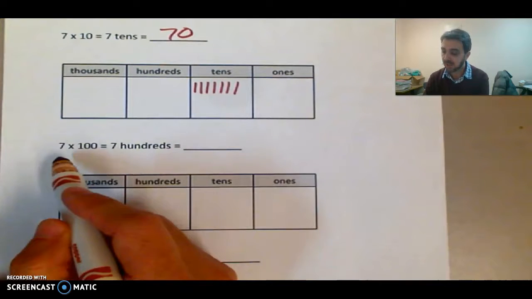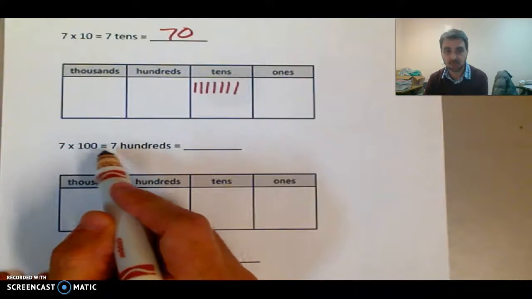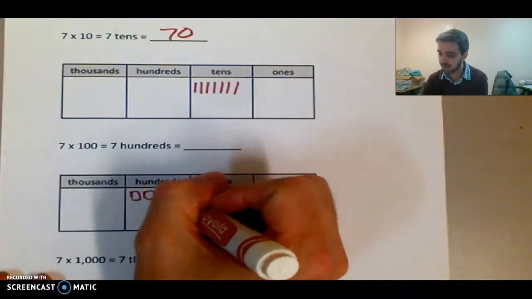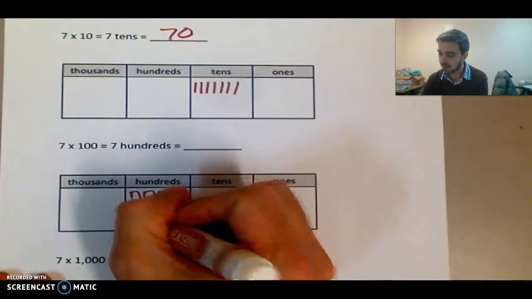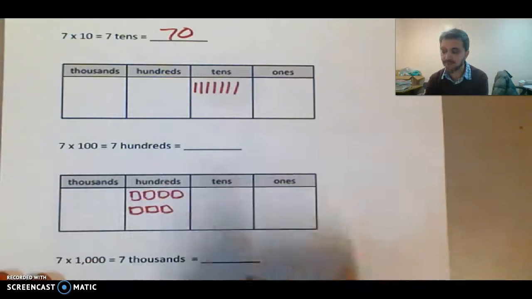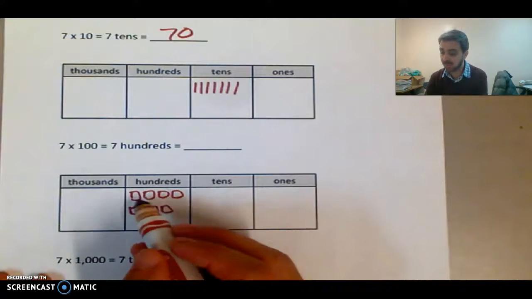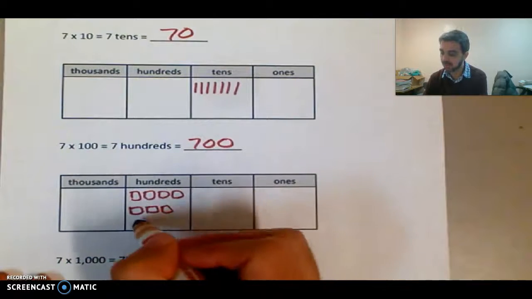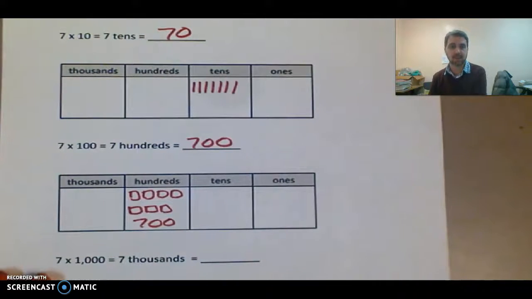So here we have 7 times 100, or 700s. So let's put in our 700s. 2, 3, 4, 5, 6, 7. Okay? So how much do we have? We have 700. Right? 1, 2, 3, 4, 5, 6, 700. You can see it right there.